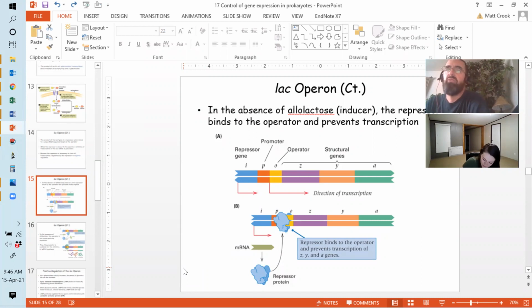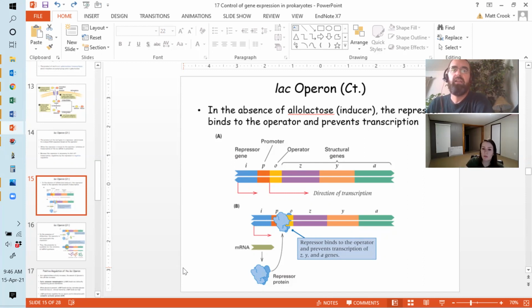And that can be almost like enzymatic inhibition, where you've learned how things can bind to enzymes and prevent them from binding the substrate or prevent them from having the correct shape. It's exactly the same.